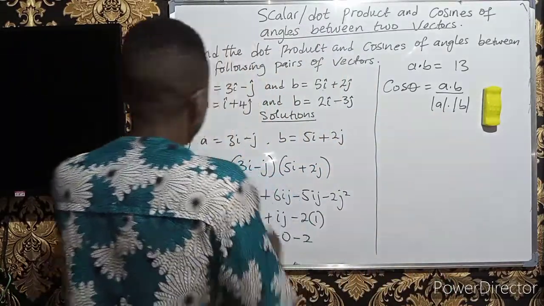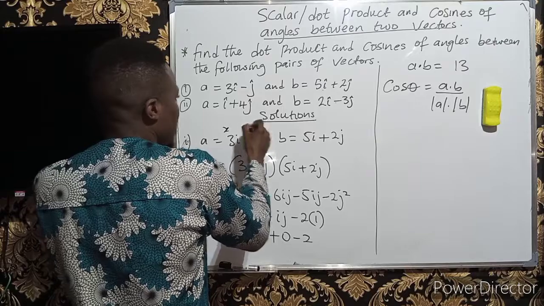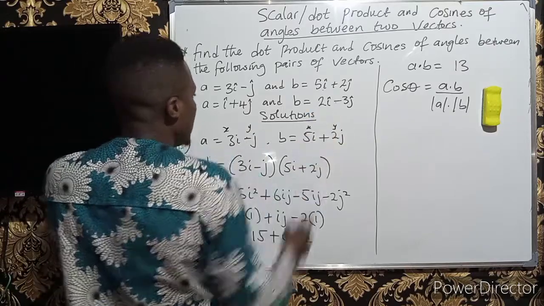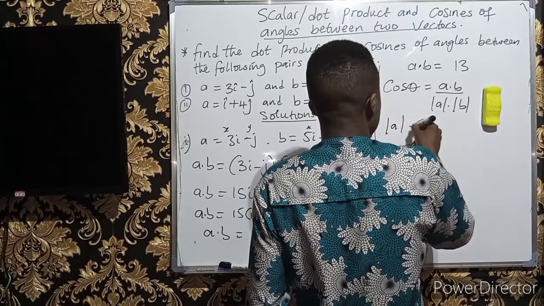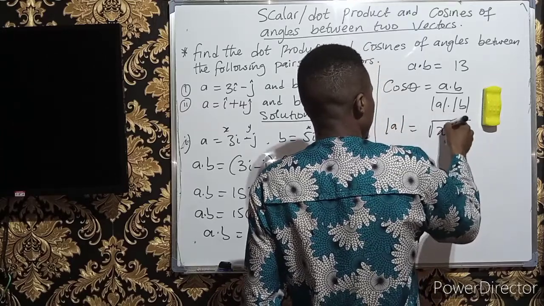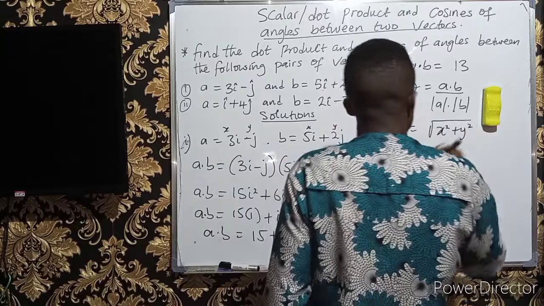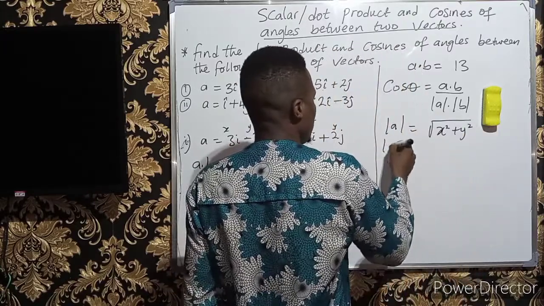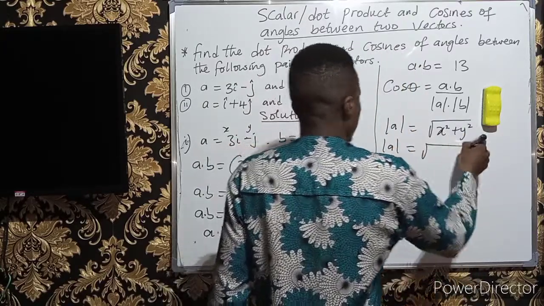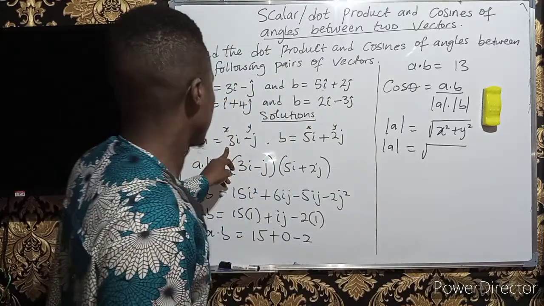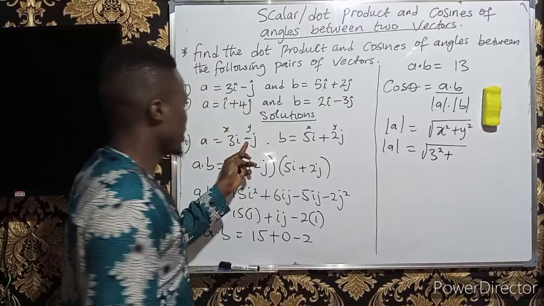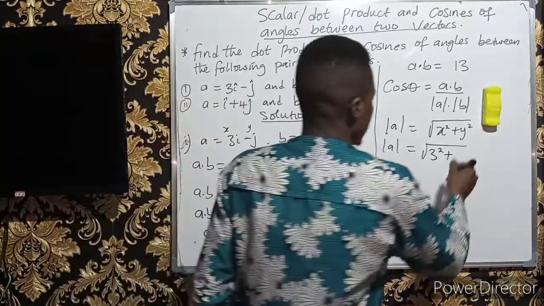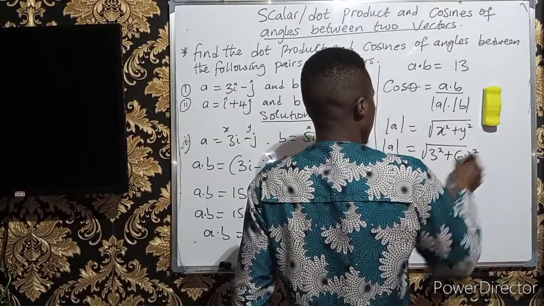So the things we need now are the modulus of A and the modulus of B. Now look at A here. The first is x, the second is y. And from the formula, you should know that modulus of A is the same thing as square root of x squared plus y squared. So modulus of A will now give us square root of our x is 3 squared plus our y is minus 1, the coefficient of j, so it will be minus 1 all squared.